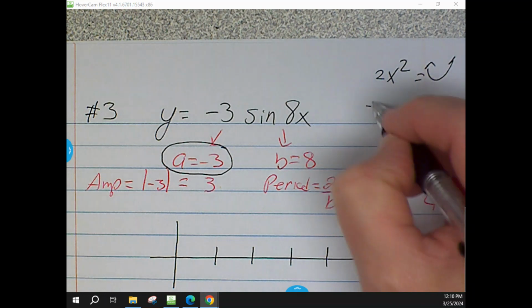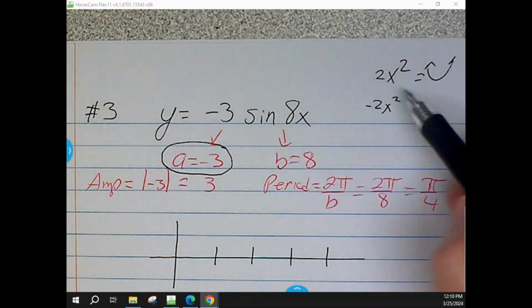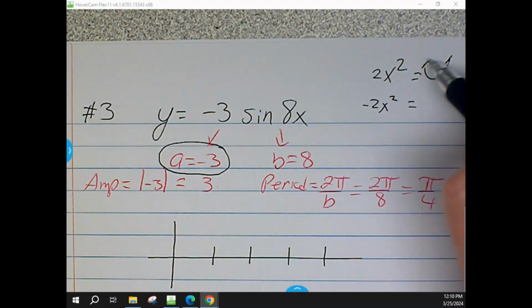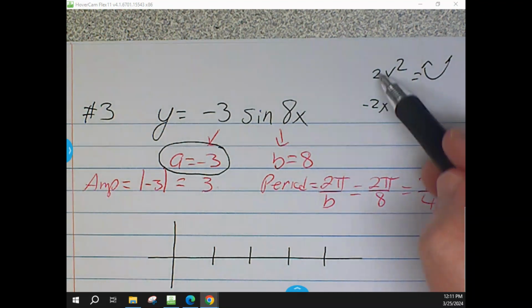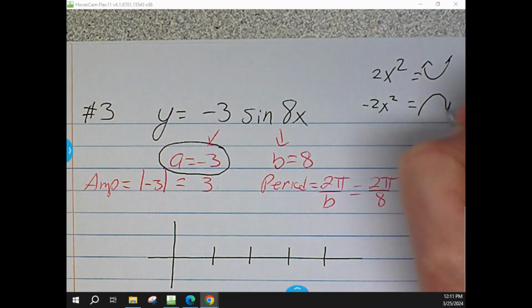What happened if we made that a negative 2x squared? Which way did the graph go? Yeah, it went the opposite way, went this way, right? So instead of the graph going up, the graph went down.